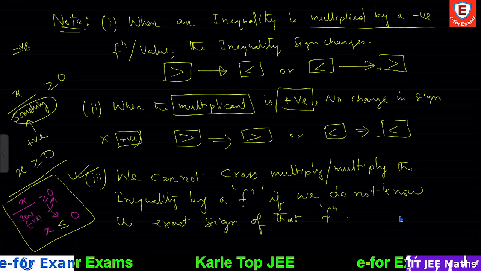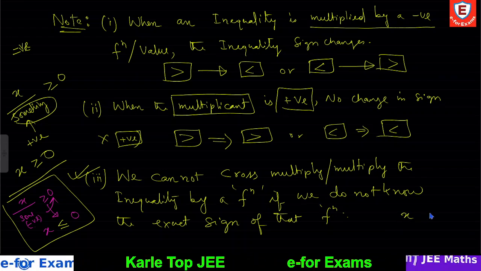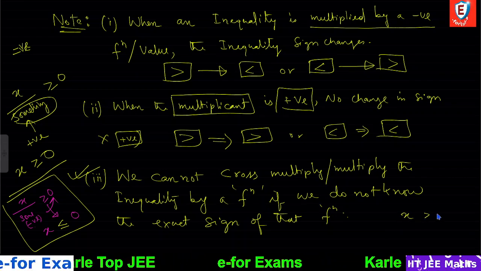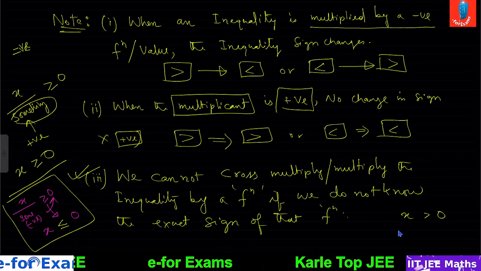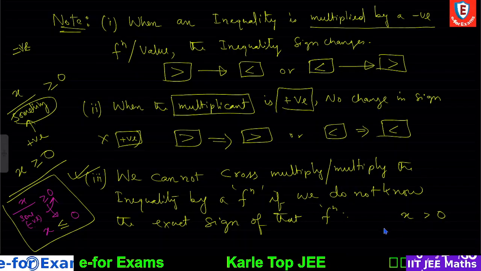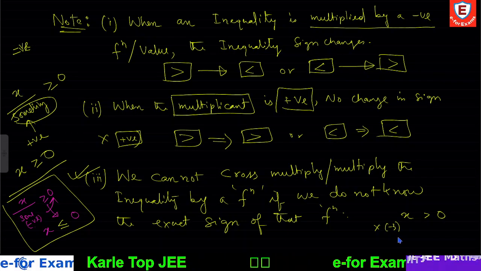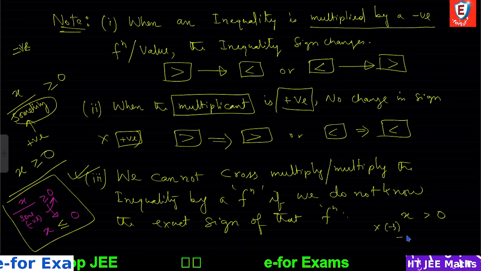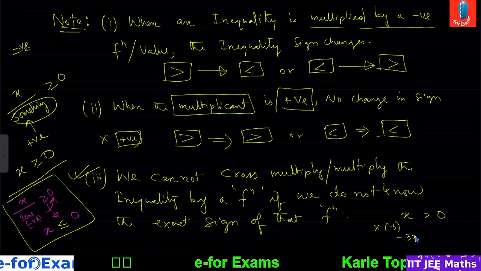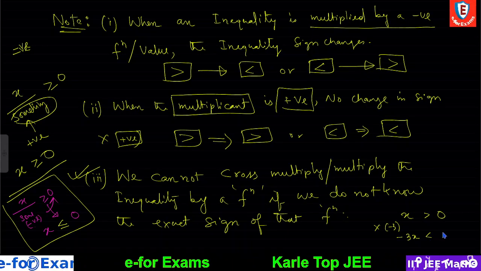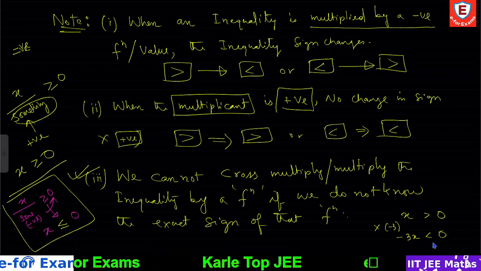Okay, any inequality x greater than 0, if we multiply by negative value, suppose multiply by minus 3, then it will be minus 3x, right? The sign will be changed like this.